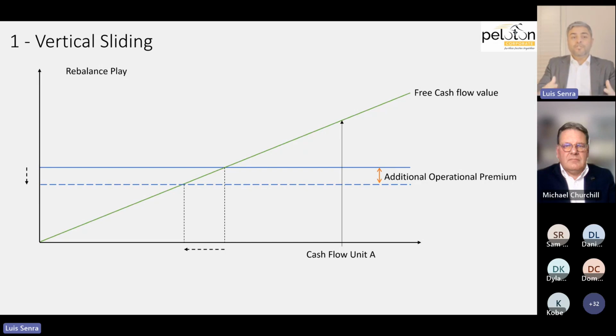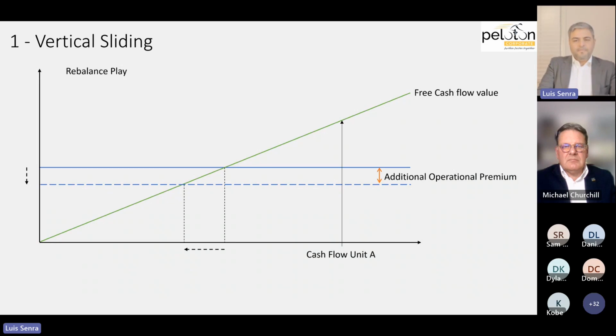So we are readjusting the balance sheet of the company. This value play a lot of times has the name reset play, or names that I don't like, strip and go, dismantle and go. I don't like those kind of words. It's just that we are trying to rebalance the balance sheet.